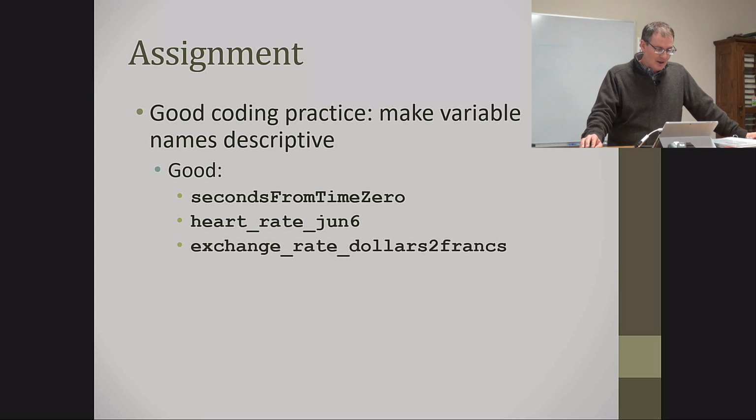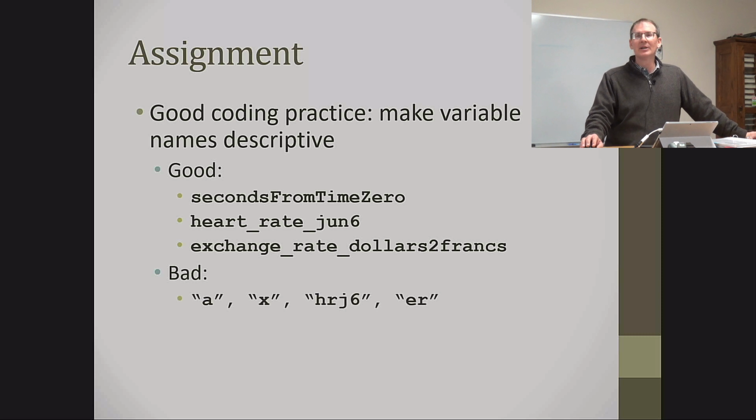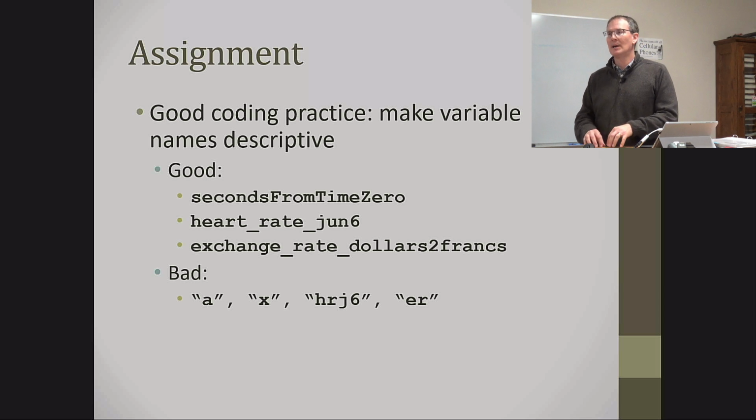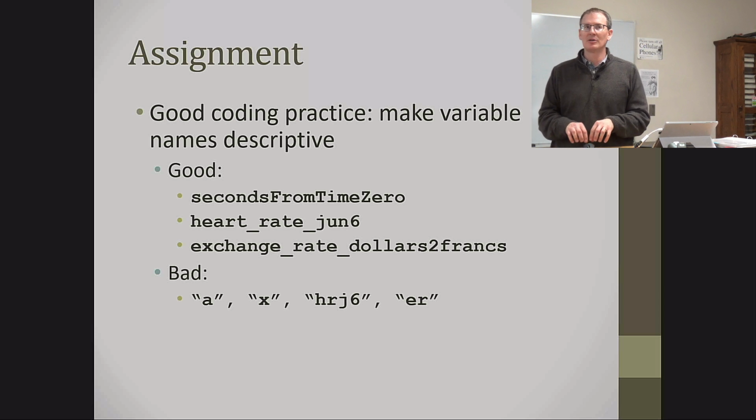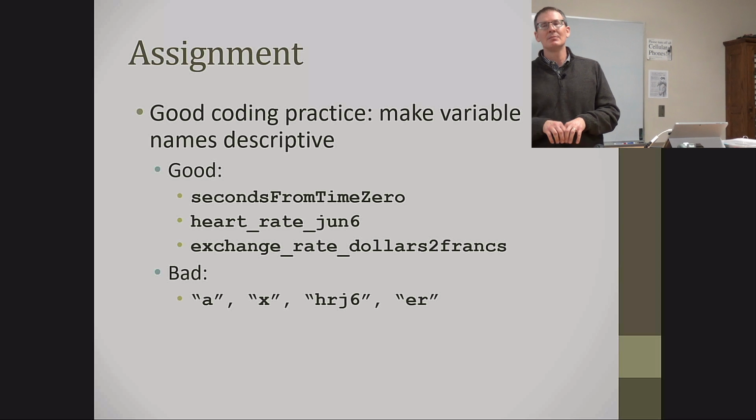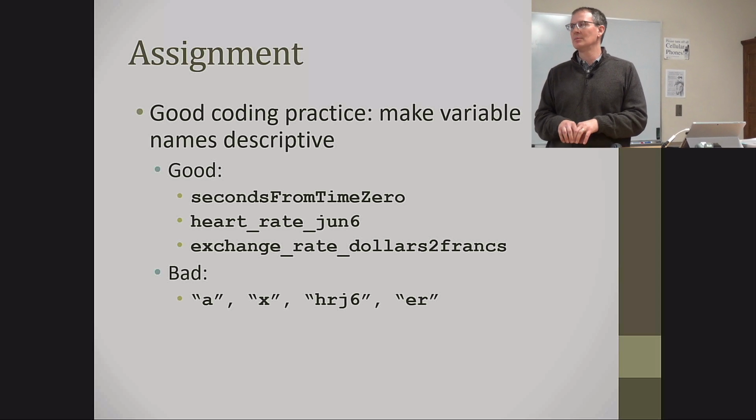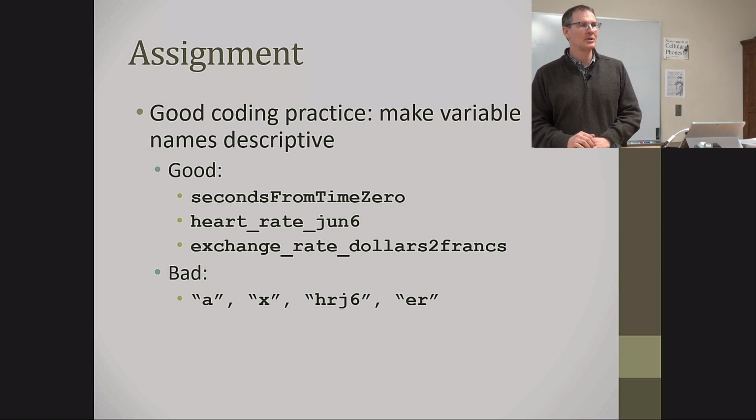Exchange rate, dollars to francs. I'm going to the Eiffel Tower. Very interested in this. Bad names, A, X, H. You get the message. When you are writing your homeworks, your functions, your scripts as we go on in time, make sure you use good variable names. That will absolutely be part of checking off. No, bad name.